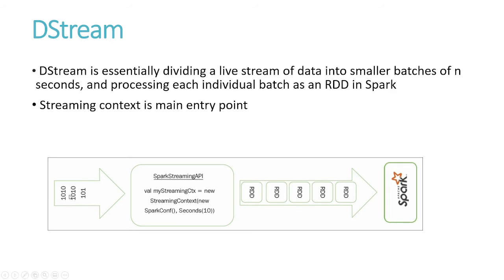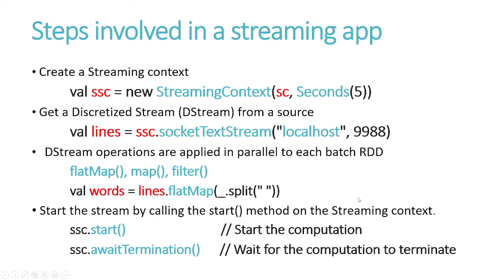This is the record coming from Twitter data, and we can define the seconds or the window, and that gets divided into RDDs in Spark. This is how Spark streaming works for DStream. In case of DStream, what are all the operations?